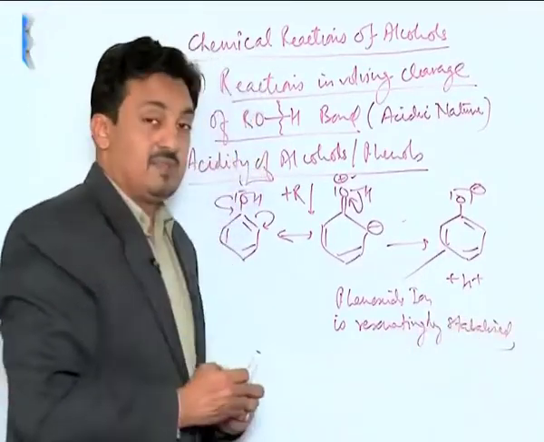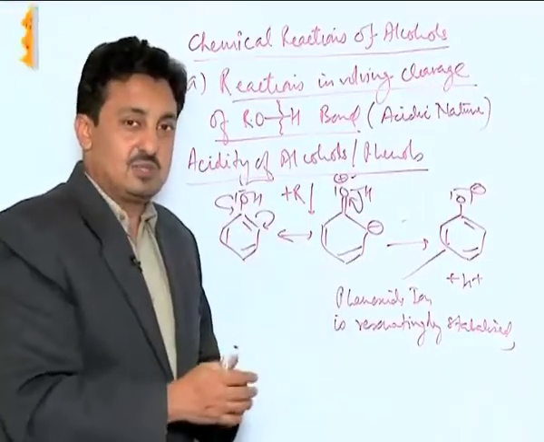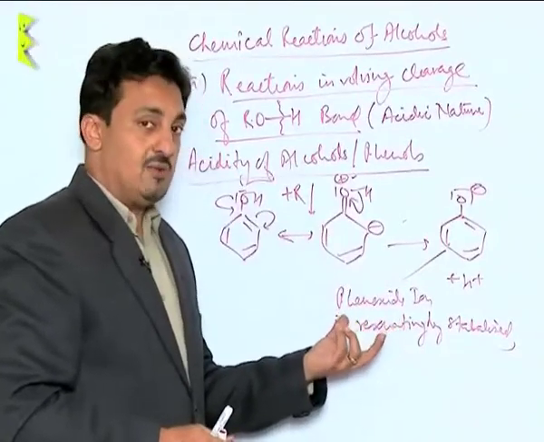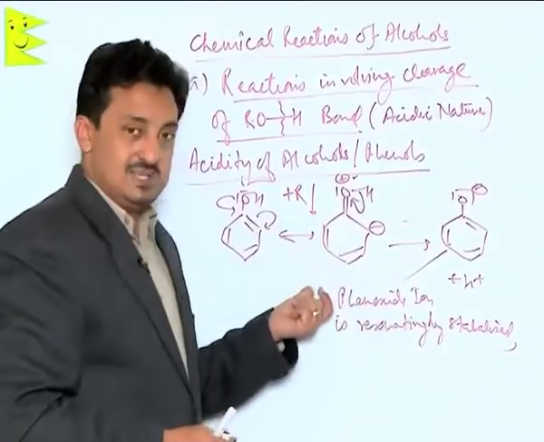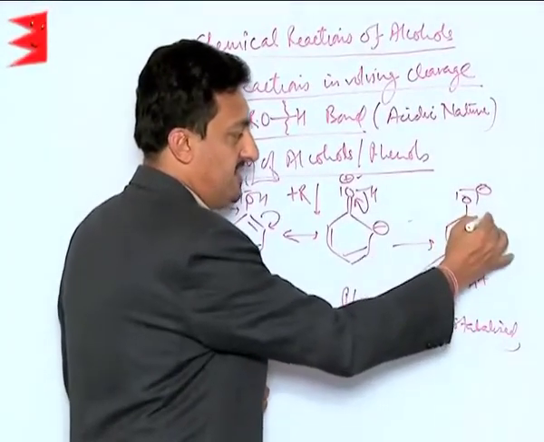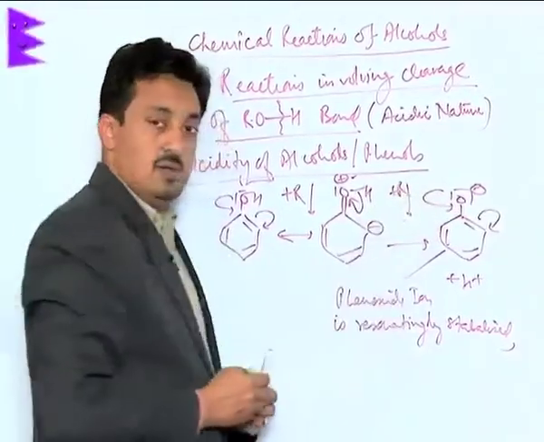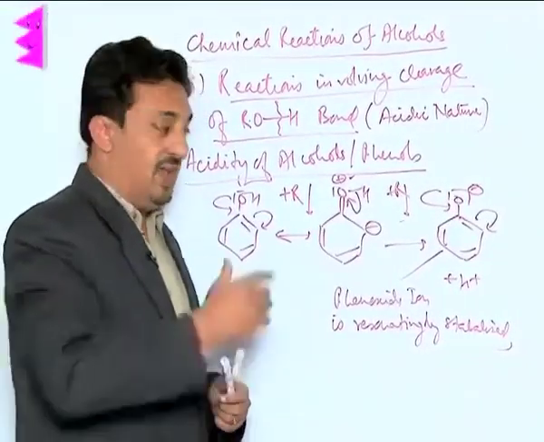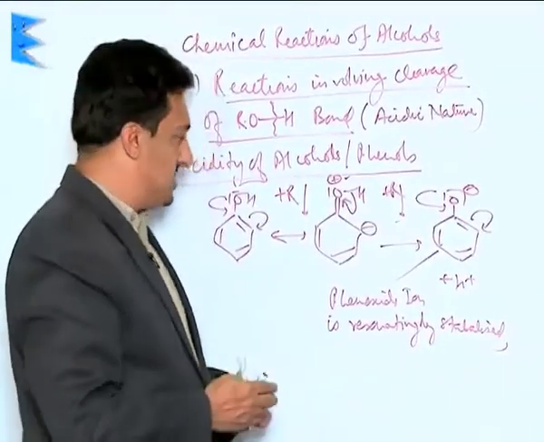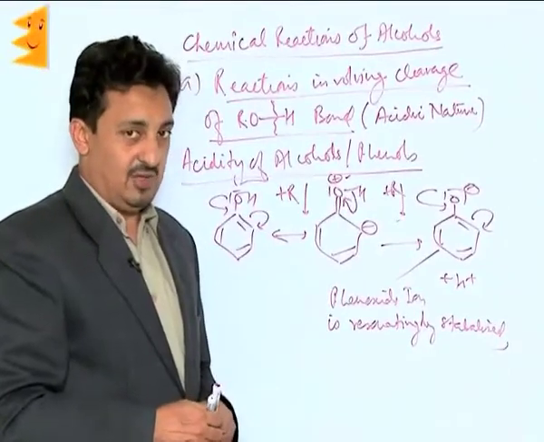We know from Le Chatelier's principle, or from the Bronsted-Lowry concept, that the more stable the conjugate base, the stronger the acid. And what makes this conjugate base, phenoxide ion, very stable is this plus R effect. The oxygen has an extra pair which is easily transferred to the benzene ring. That is why phenol is much more acidic than water and the alcohols.